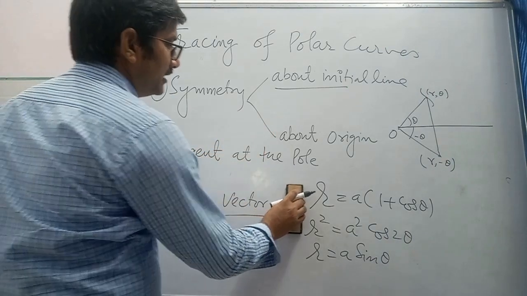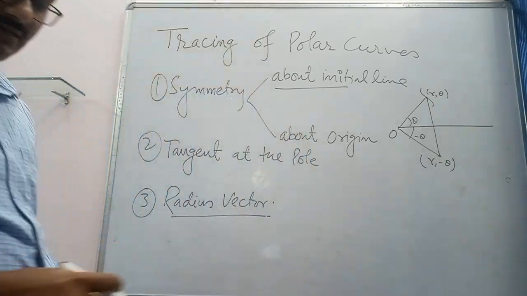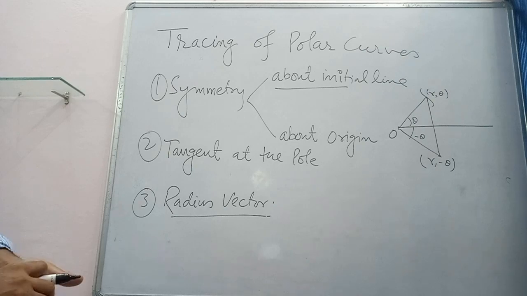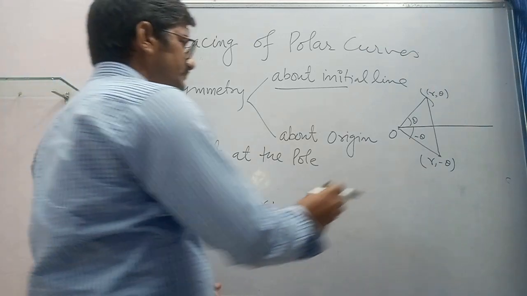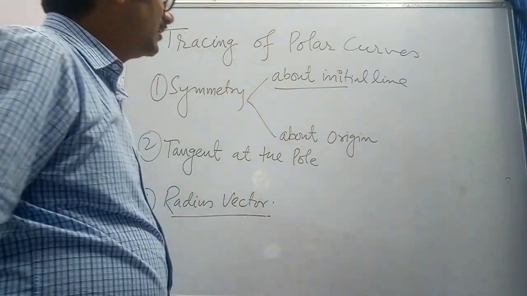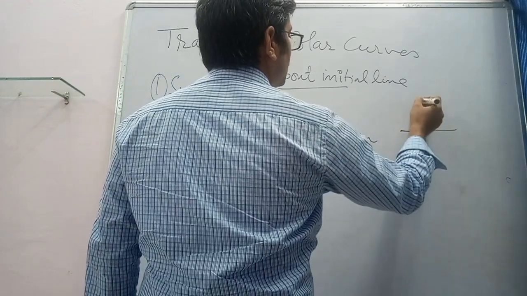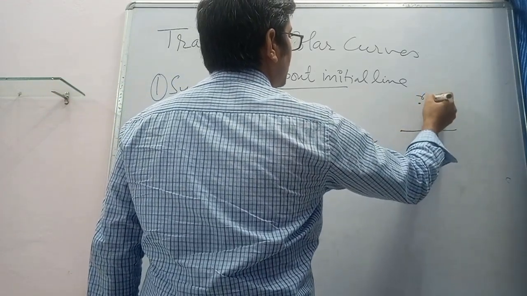Next symmetry is about the origin. Symmetry about the origin is similar to the symmetry in opposite quadrant in the Cartesian system. Suppose it is a pole, and here is a point (r, theta).